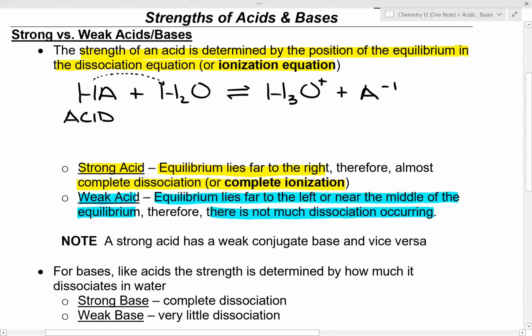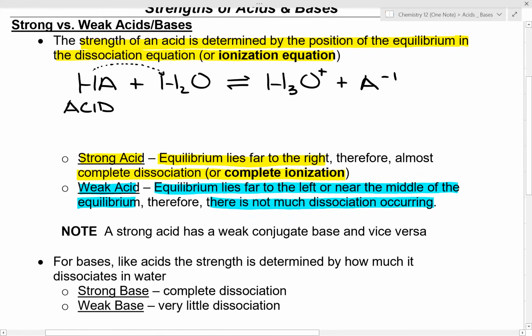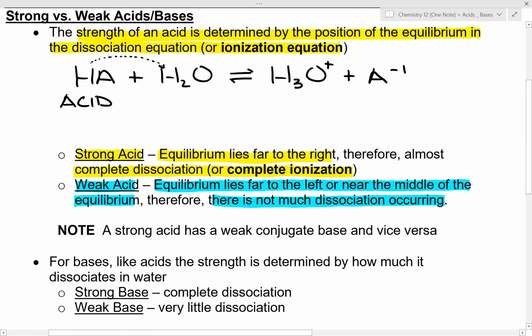If you are a good saver, you are a lousy spender. And for bases, like acids, the strength is determined by how much it dissociates in water. Again, when we talk about strong or weak, we're looking at the amount of dissociation or ionization in water.